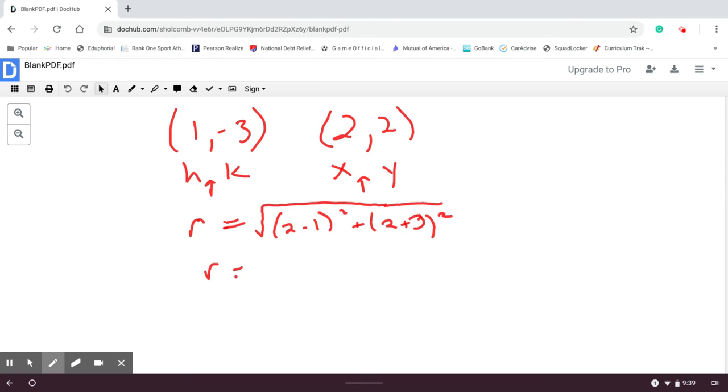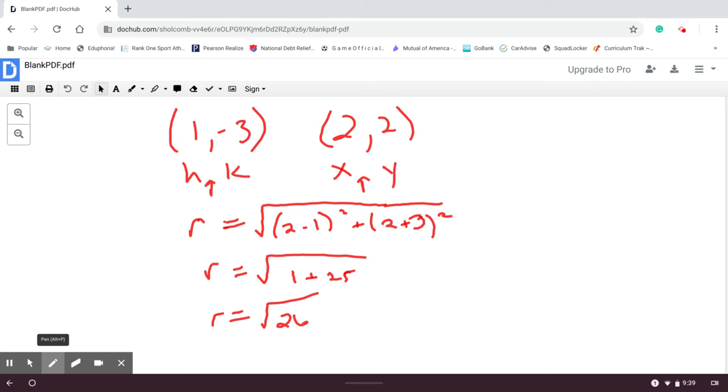And so my radius is equal to the square root of 1 squared, which is 1, plus 5 squared, which is 25. Or my radius is equal to the square root of 26.